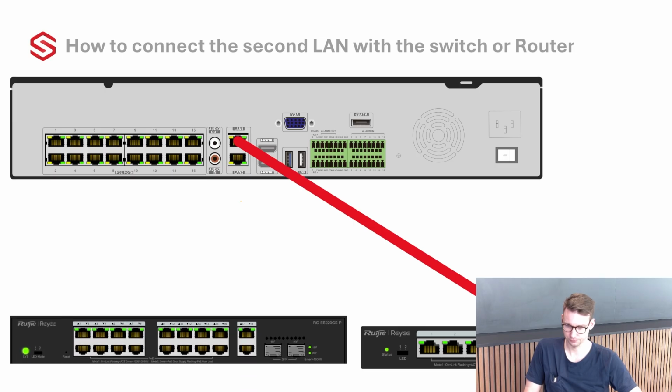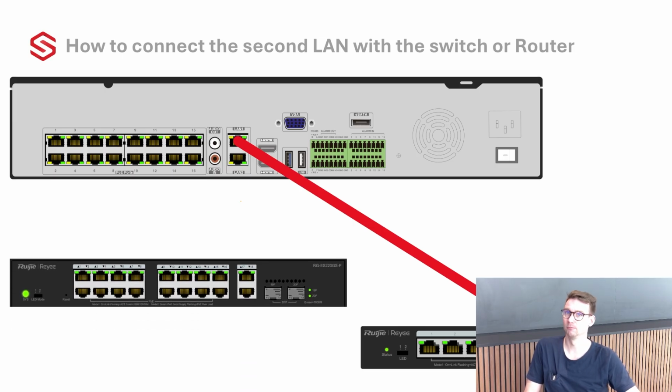Exactly. And as we said before, we have a dual LAN recorder to separate our security system from the main network. So we have our main network connected to our router, going to LAN port number 1 of the NVR.